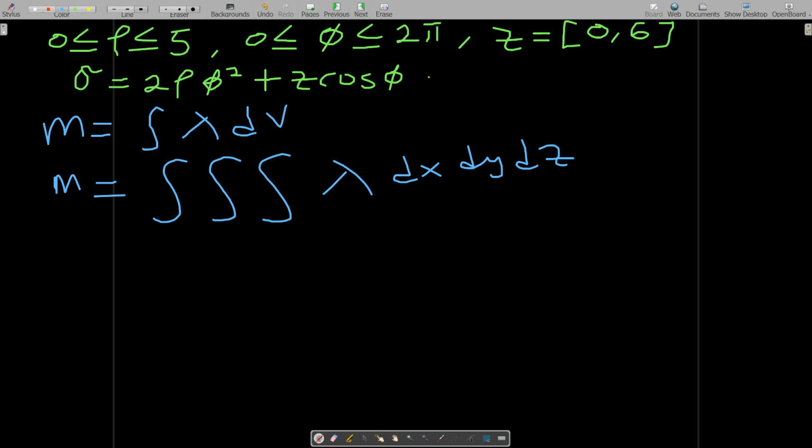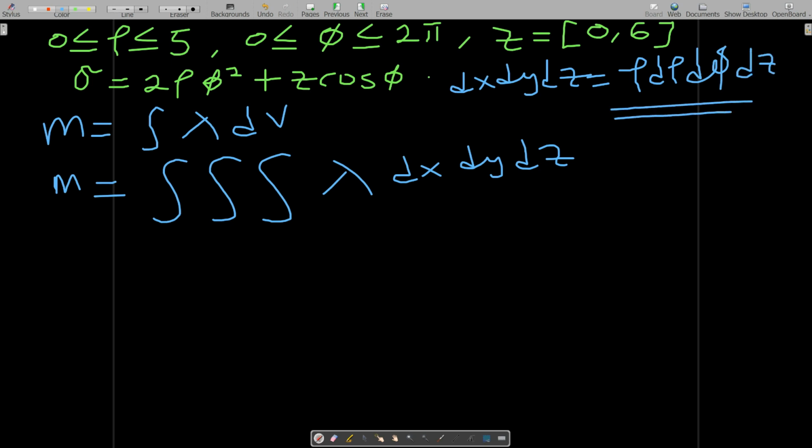So in terms of a cylinder, one thing you should notice is that dx dy dz is actually equal to rho d theta, or d phi. Let me use phi because there's a phi here. Rho d rho d phi dz, okay. So this is what you should use. It's rho d rho d phi dz for a cylinder, okay.